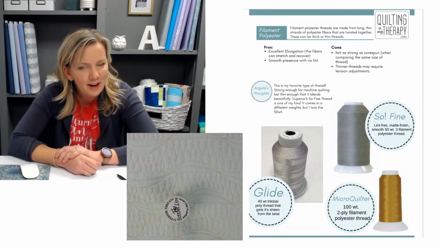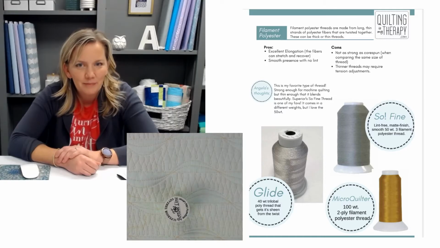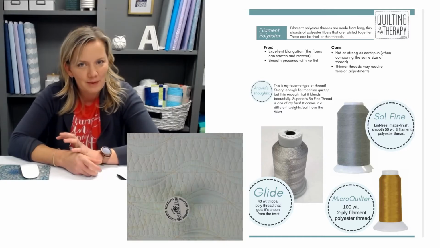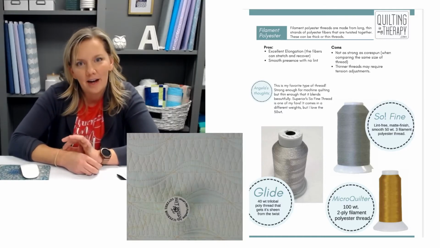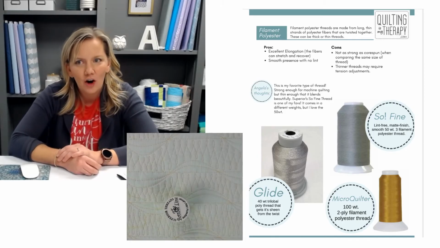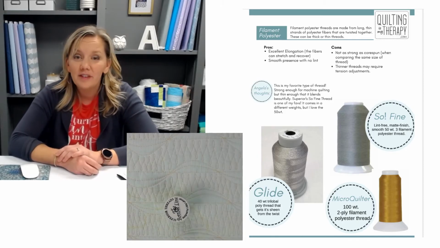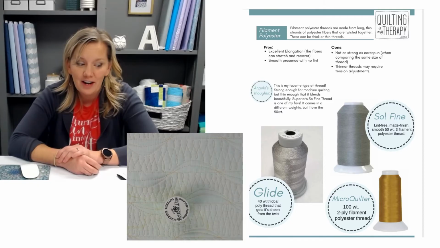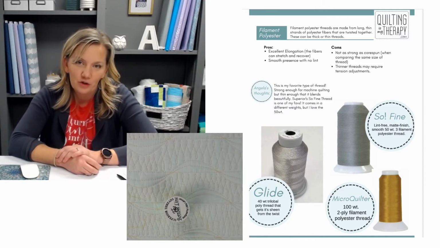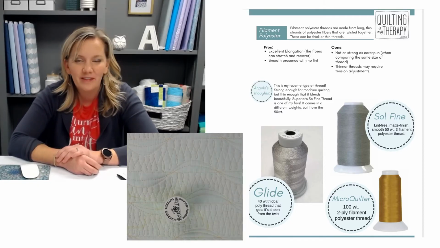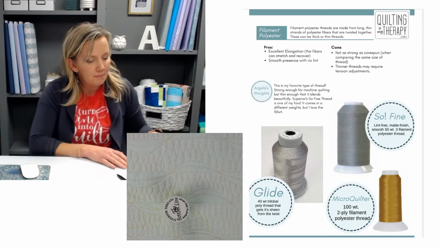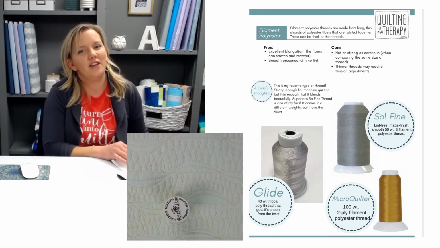One, you want it to be high quality from a reputable brand, but it's going to require a little bit more adjustment because now we can get those really fine threads that's hard to do with cotton. Now I will say that silk is a natural fiber and it's a great thread. It's very strong, but it's definitely more expensive, so another thing there. But polyester in general is the one that I use mostly.